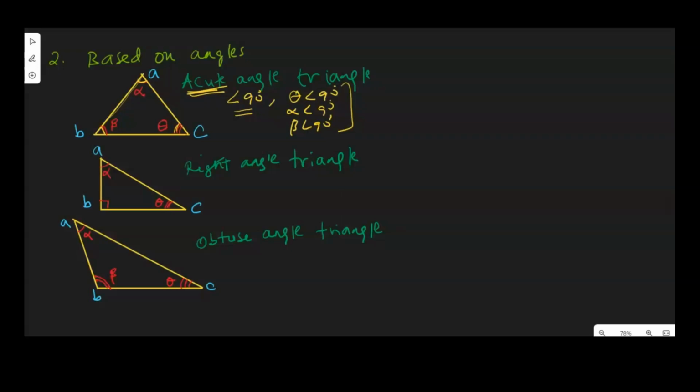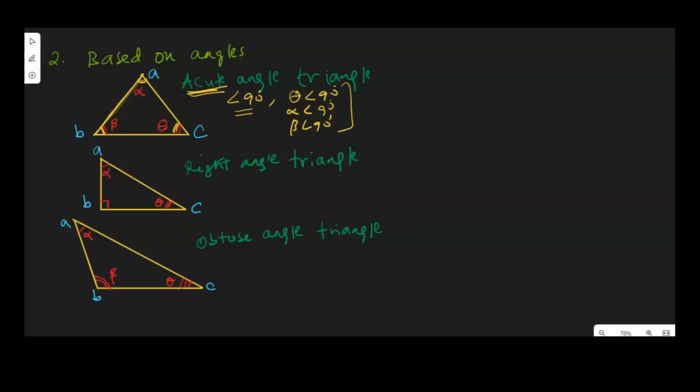The typical acute angle triangle from our previous discussion is the equilateral triangle, because an equilateral triangle has 60 degrees for each equal internal angle, and because of that it's a typical acute angle triangle. The second type of acute angle triangle can be the isosceles triangle. In an isosceles triangle, as I said, two angles are equal and two sides are equal.